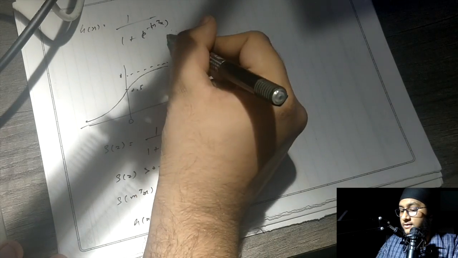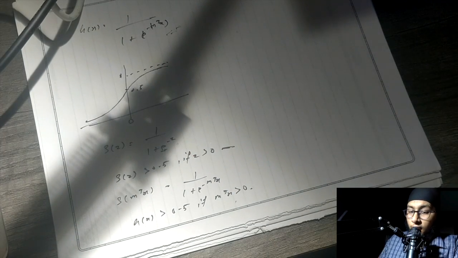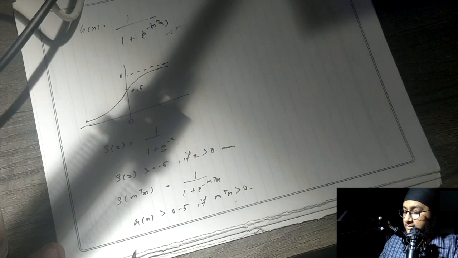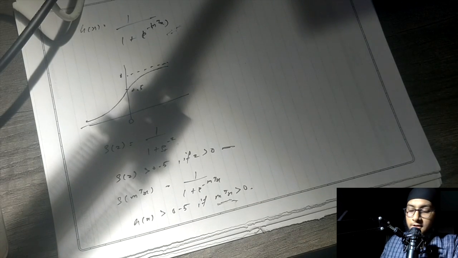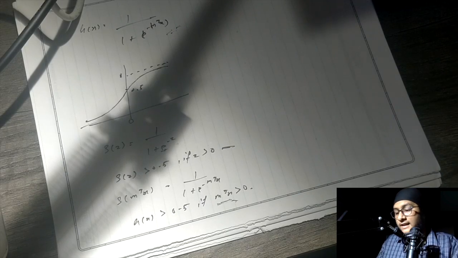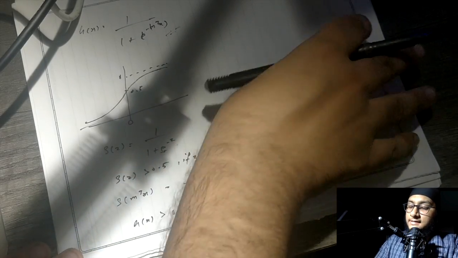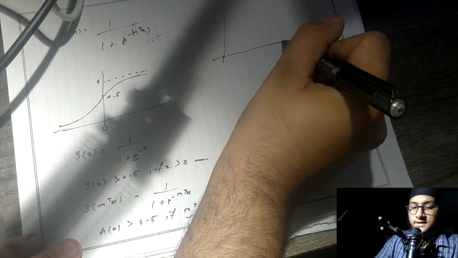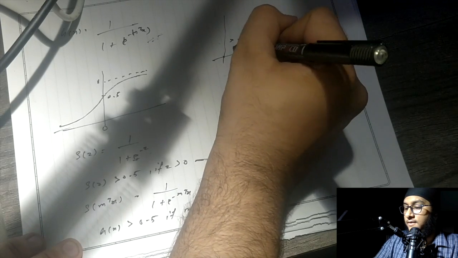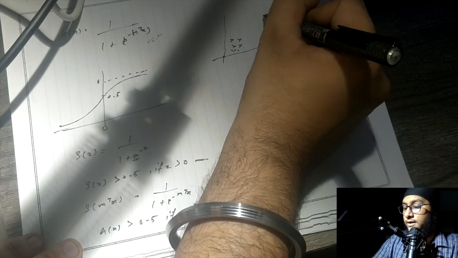The sigmoid function we have is a non-linear function, and the decision boundary, m transpose x, is a linear decision boundary. Graphically, this is the graph, and here we have some data points.